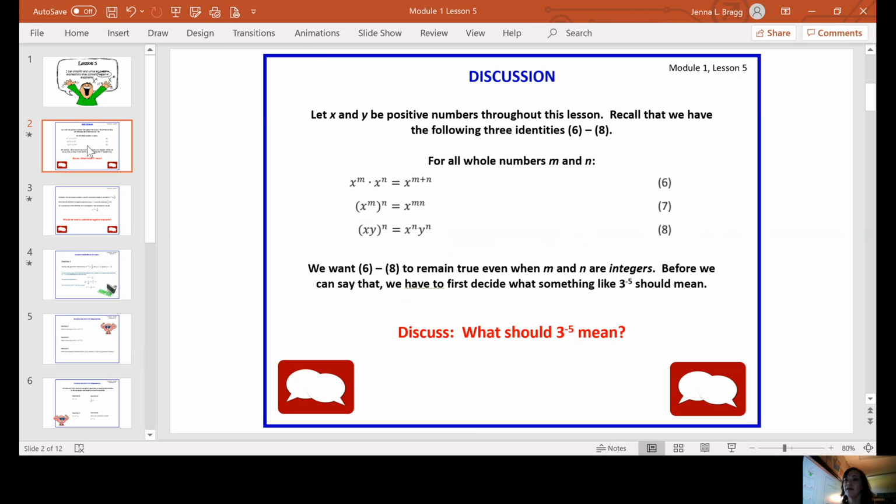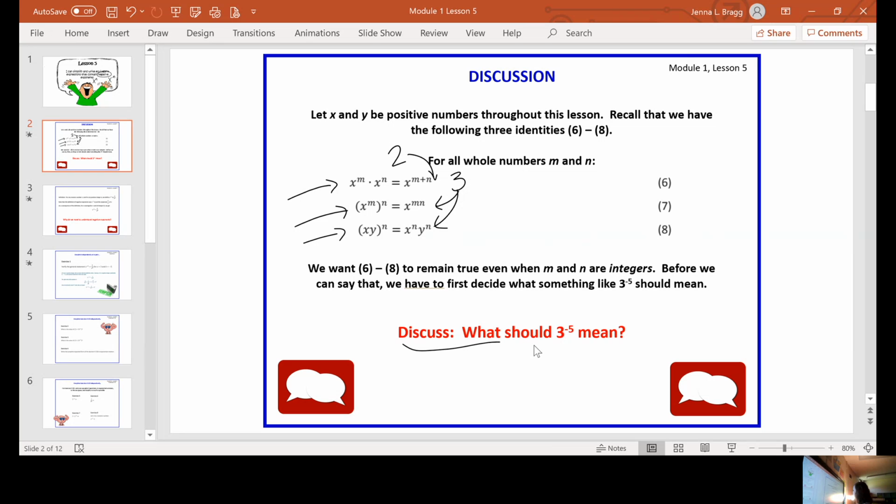If you need to go back and review multiplying exponents with the same base or raising powers to powers, those lessons are available. Powers to a power is lesson 3, and multiplying exponents is lesson 2.